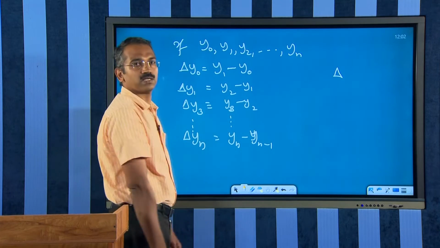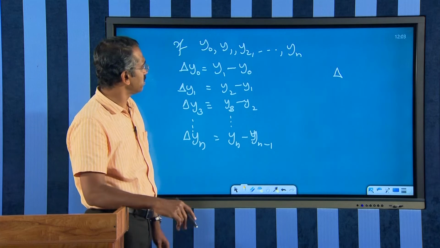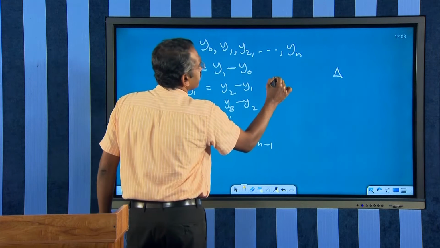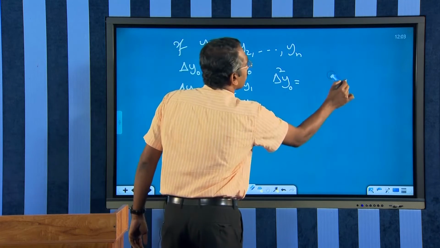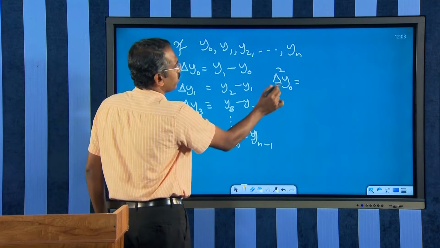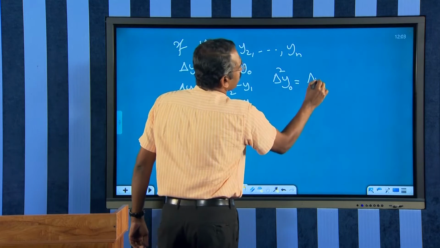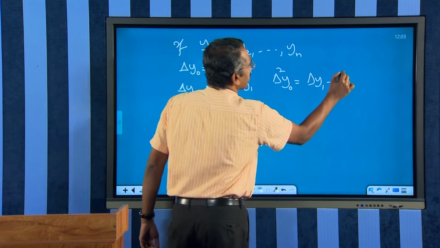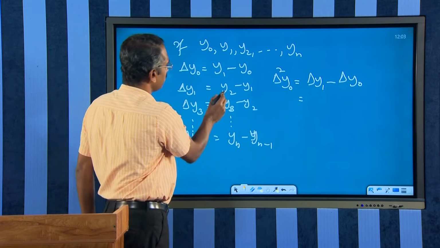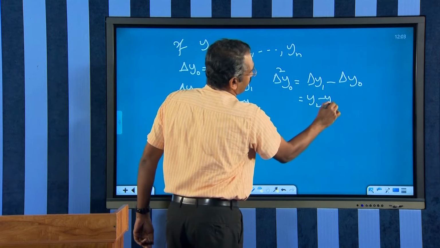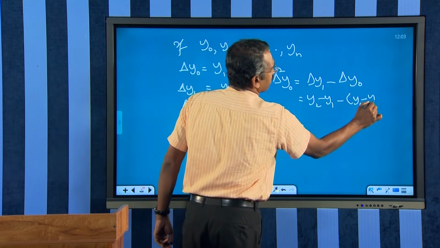Now, from these differences, we define the second forward differences, that is delta square y0, which means the difference of these two, that is delta y1 minus delta y0. That is equal to, delta y1 is y2 minus y1, minus delta y0, which is y1 minus y0.